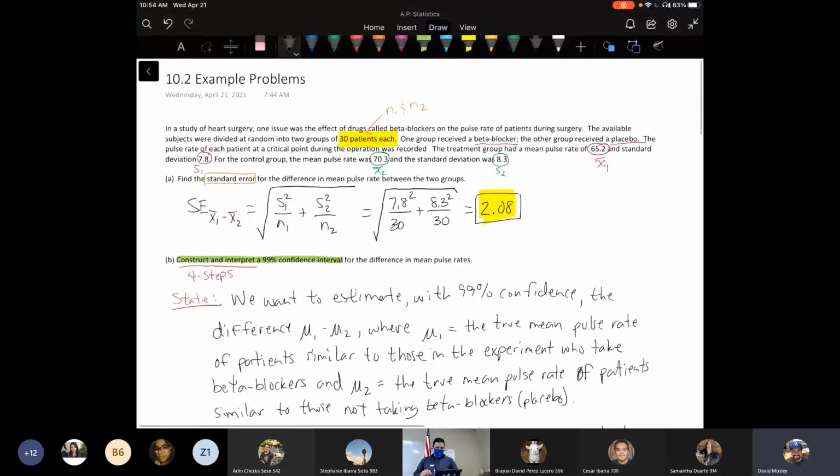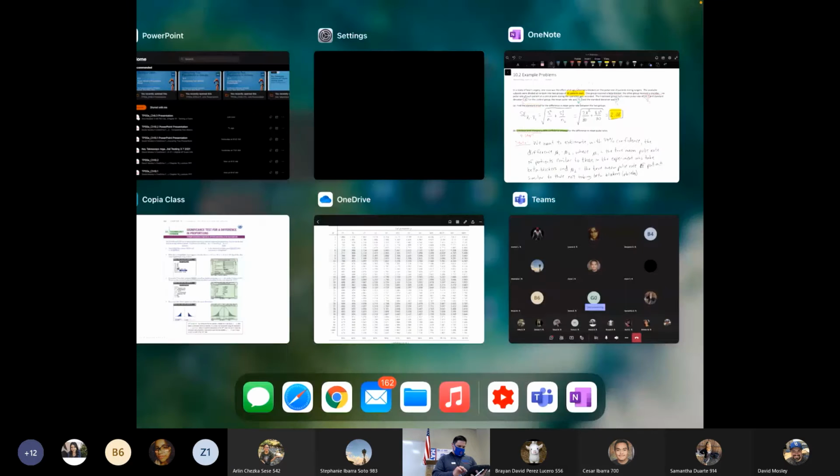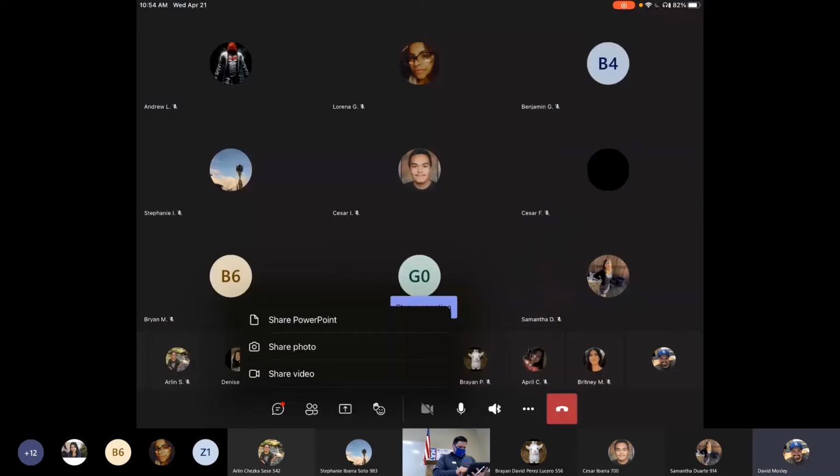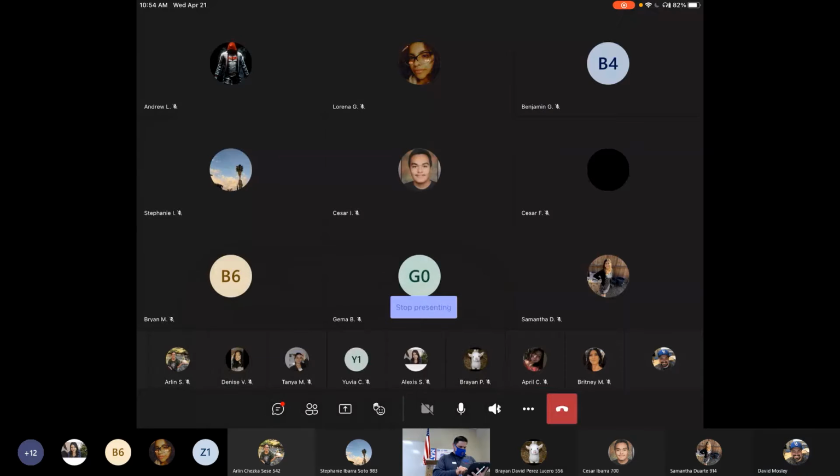So hopefully you guys are now actually looking at OneNote. And then what I'm going to do is take this guy, put it here. That's not terribly big. That's not what I was hoping for. Let's try something else. One moment, please. Try this.